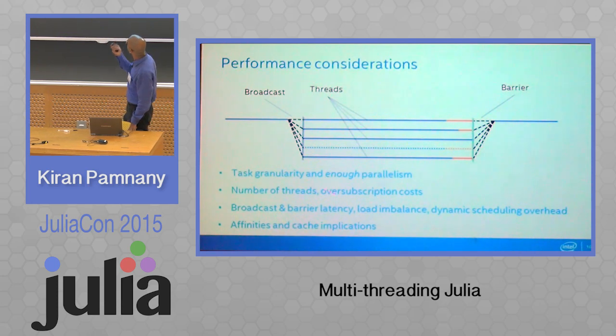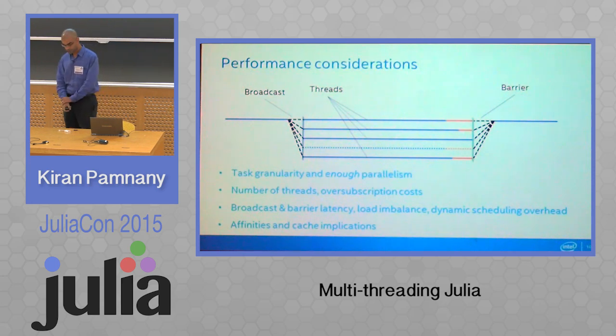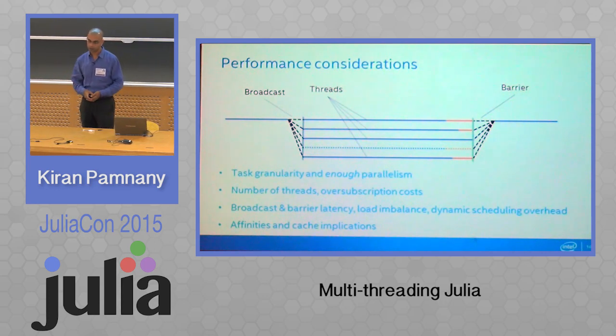Yeah, I already talked about that. So another consideration then is affinity, thread affinities and the implications on the cache. A typical pattern, again, in HPC codes is, for instance, PDE solvers do a kind of a stencil over a grid, right?